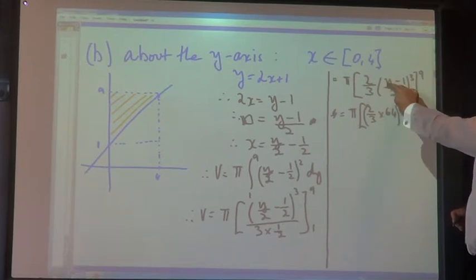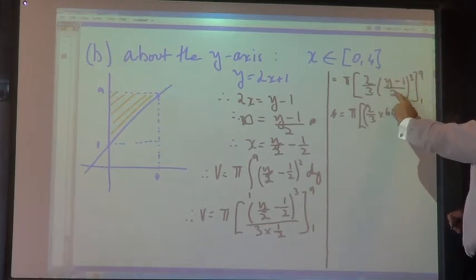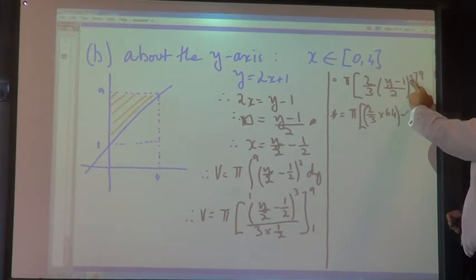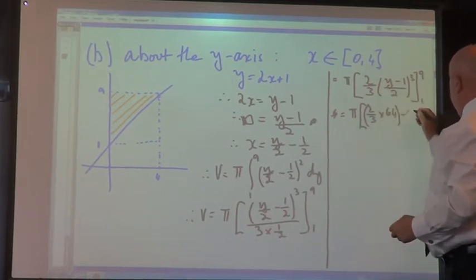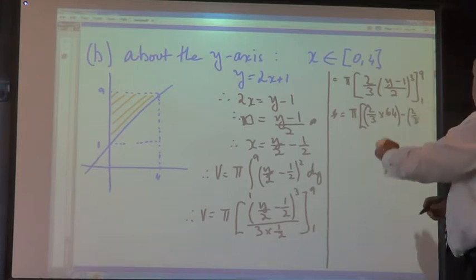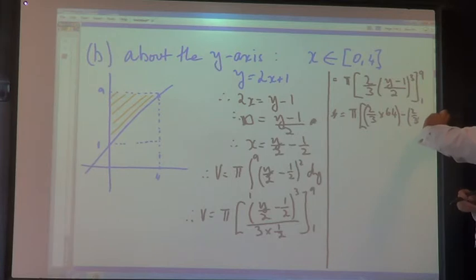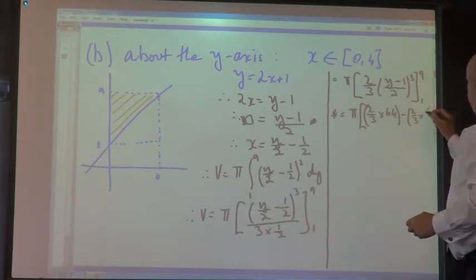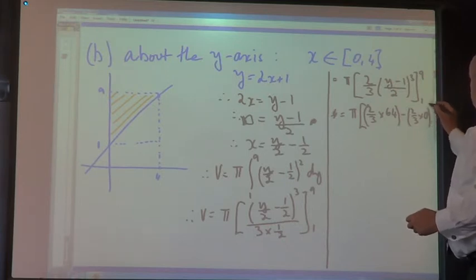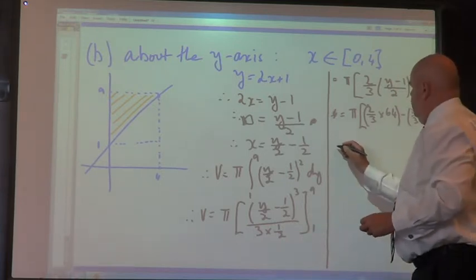Let me just check that: 9 take 1 is 8, 8 divided by 2 is 4, 4 cubed is 64, that's correct. Minus, substitute 1 in, 2/3, like so, running out of room here. 1 take 1 is 0, that's nice, because we cube 0 and still end up with 0. So that's nice.